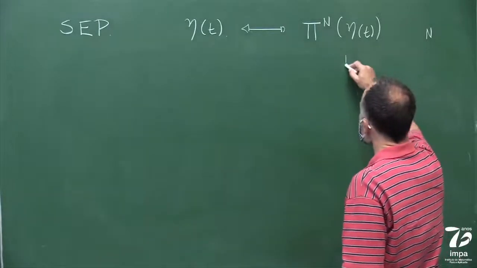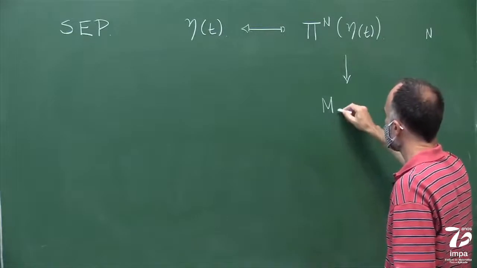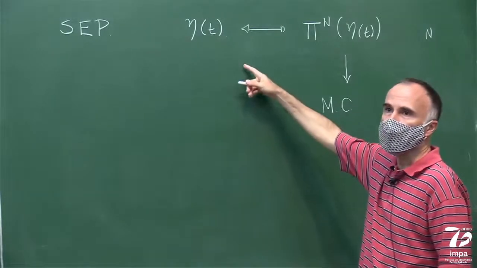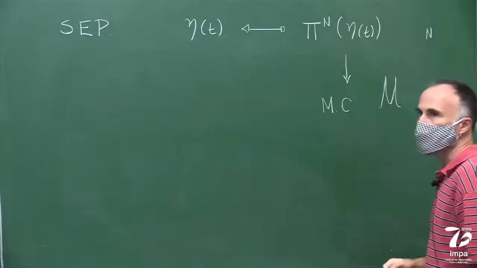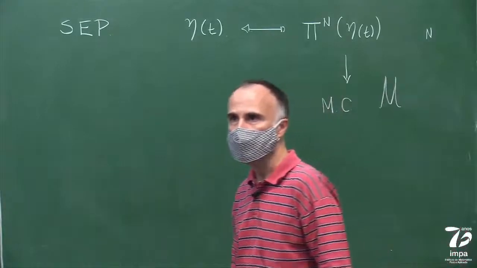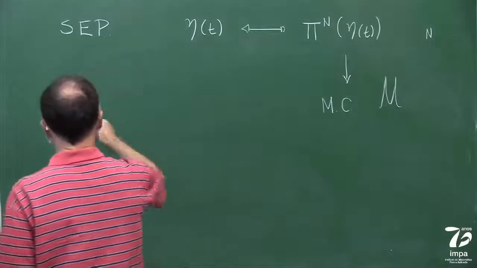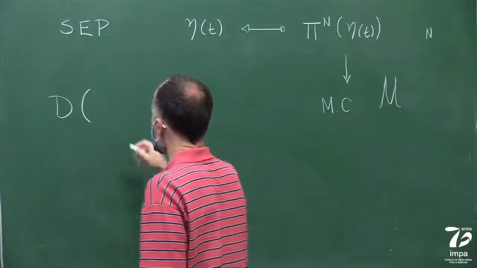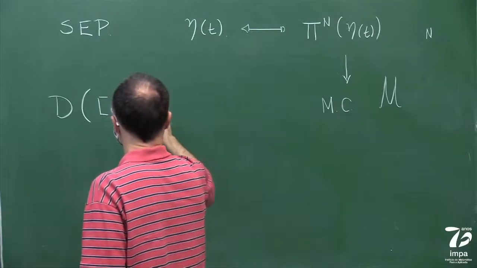Which means that actually this is a Markov process, so a Markov chain, but instead of taking values in omega n, now this Markov chain is taking values on the space of measures m. And so I can understand this process as a process in D of [0,T], m.